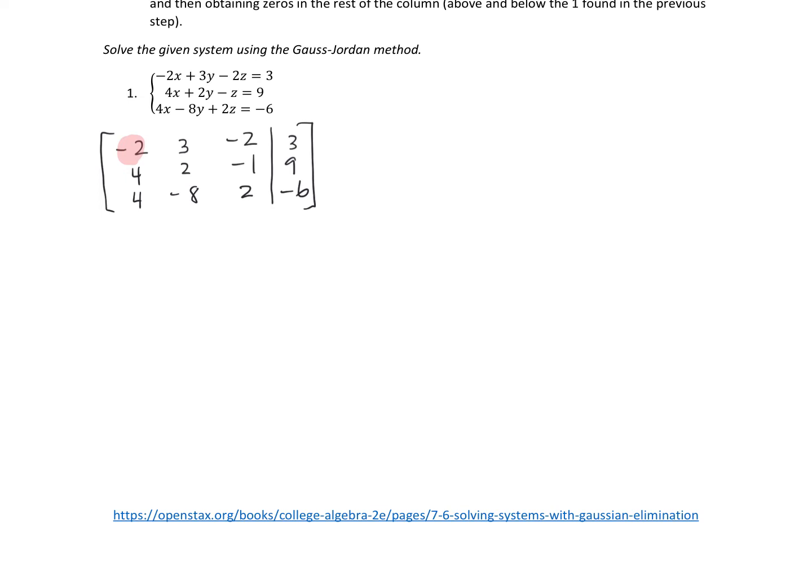I would divide by a -2, but dividing by a -2 is the same as multiplying by a -1/2. So we're going to multiply row 1 by a -1/2. That's going to give me a 1, -3/2, a 1, and -3/2. The other rows I'm not changing yet.